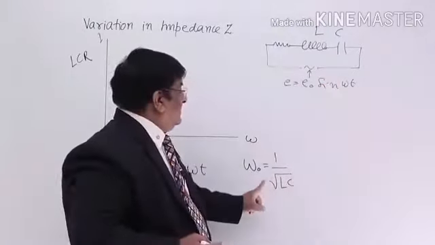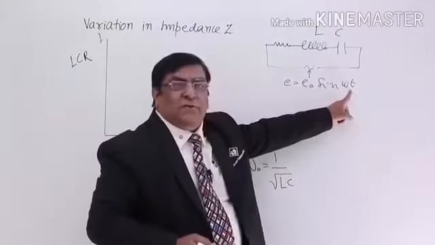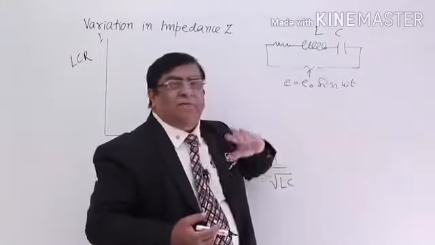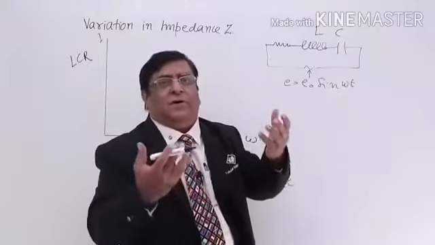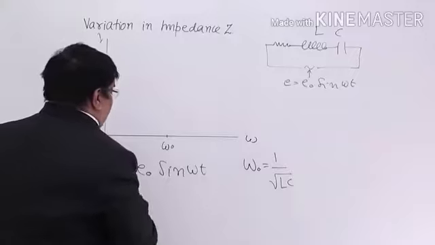Suppose the natural frequency of a circuit is 1000. Then this may be 1000. We may supply it for 800. We may supply it for 1200. We may supply it for 1 lakh. That is our desire, whatever we supply. Okay.